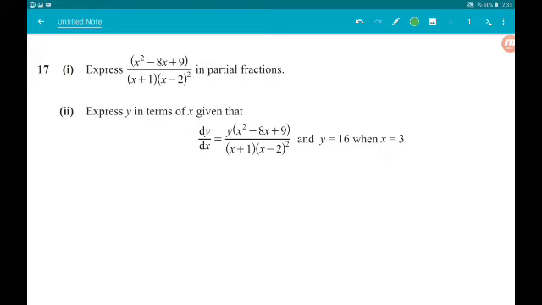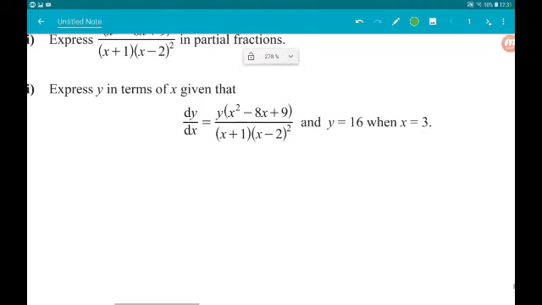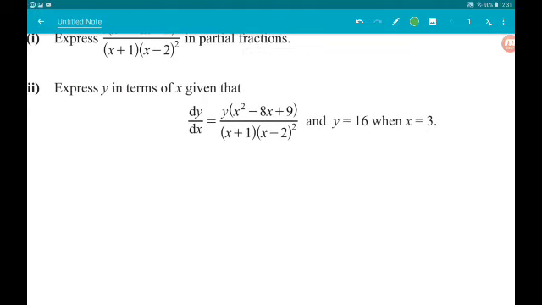Okay, then for part 2, we're solving a differential equation. We want to express y in terms of x, given that dy by dx is y times this fraction, and y is equal to 16 when x is equal to 3.